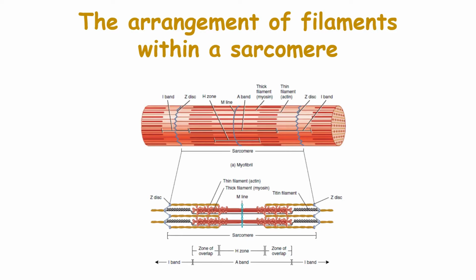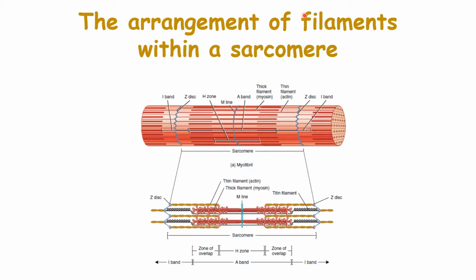Within myofibrils, there are smaller protein structures called filaments or myofilaments. Thin filaments are 8 nanometers in diameter and 1 to 2 micrometers in length and composed mostly of the protein actin, while thick filaments are 16 nanometers in diameter and about 1 to 2 micrometers long and composed mostly of the protein myosin.